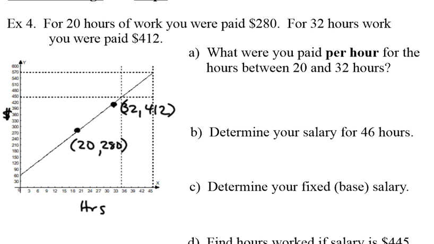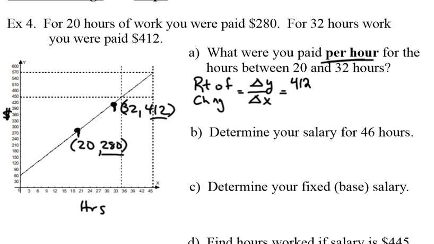What were you paid per hour for the hours between 20 hours and 32? Well, per hour, again, is the rate of change, which is change in y over change in x. So what can we do? Change in y, 412 minus 280 over change in our x.